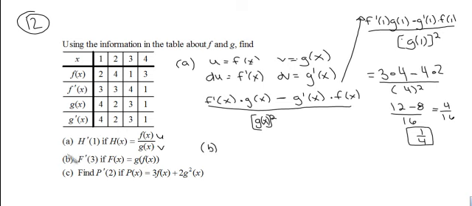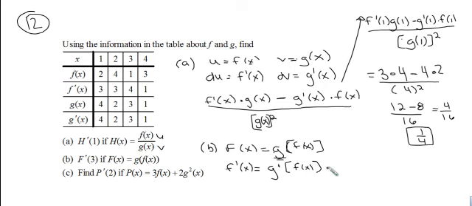Okay, for B, since the function is g of f of x, we're going to have to use the chain rule. The derivative would be g prime of everything on the inside, which stays the same, times the derivative of the inside, f prime. We're trying to find the derivative at 3.